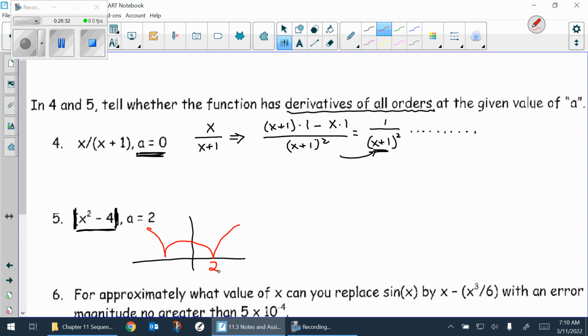I graph that absolute value of x squared minus 4 on my calculator. That's what I'm going to get. And so, am I going to be able to find derivatives of all orders at 2? No. First derivative, I'm going to have a problem. So this one's a no, while this one was a yes. I'll be able to find derivatives of all orders here when x is 0. But here, I got issues when x is 2.